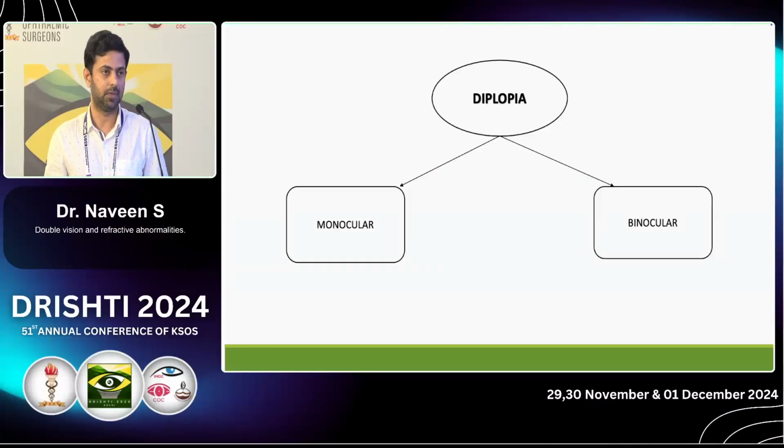So, we ask the patient; sometimes the patient will tell us that when he or she closes one eye or either eye, the diplopia resolves. So, this patient said he is having diplopia monocularly, and we can confirm it by doing a cover test. We cover either eye and see if the diplopia resolves.